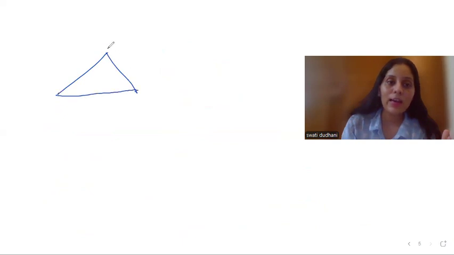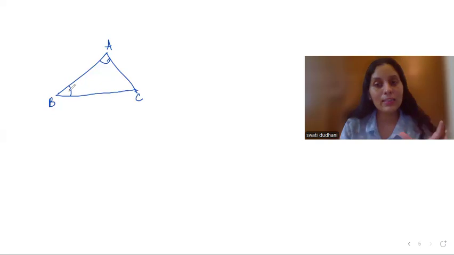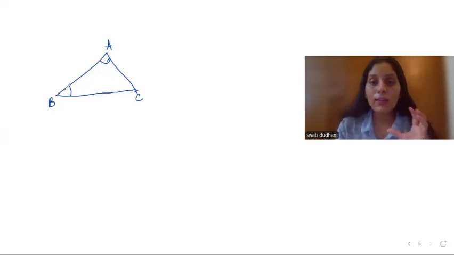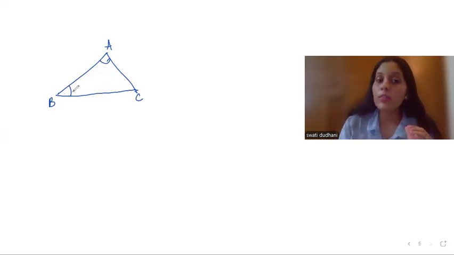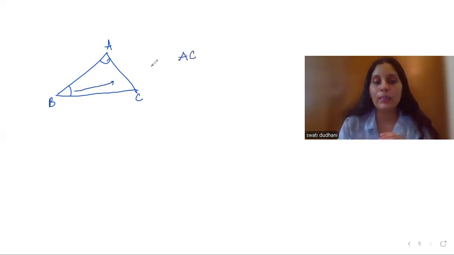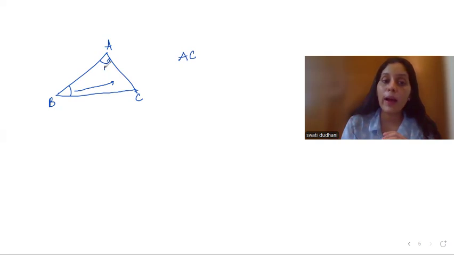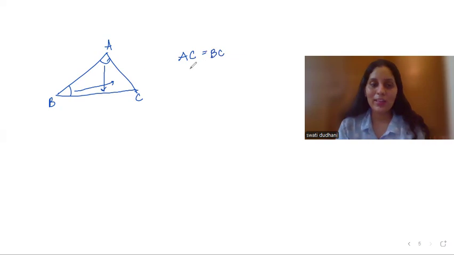If you're not very good at it, you can always put an arrow mark and see. The opposite side of angle B is AC and the opposite side of angle A is BC. So they will be equal to each other.